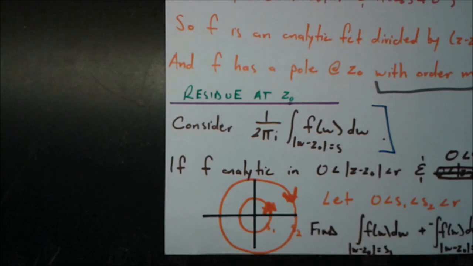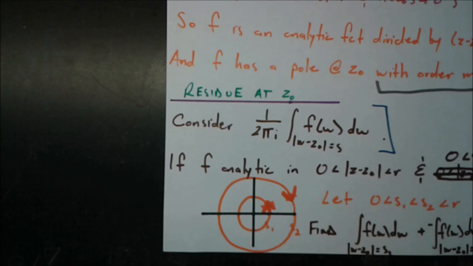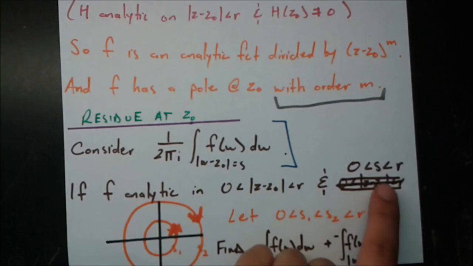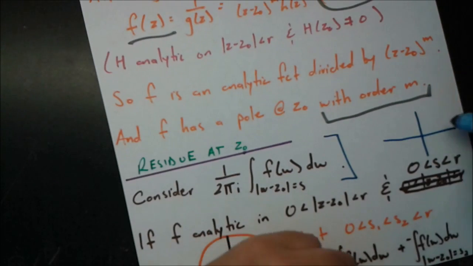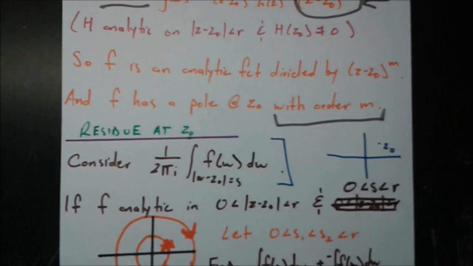So now what we're going to say is that f is analytic in this disk right here. One condition for residues is that f has to be analytic in the punctured disk centered at z naught with radius r, and s is a positive number, but smaller than r. So again, let's draw a picture just so we know what's going on. Here's our z naught again, and we said that f is analytic in the punctured disk.